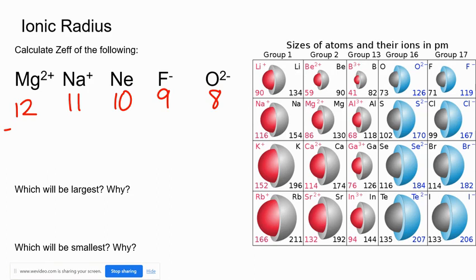For my oxygen, how many core electrons am I going to have? I have 6 valence. How many core will I have? How do you know 6 valence?